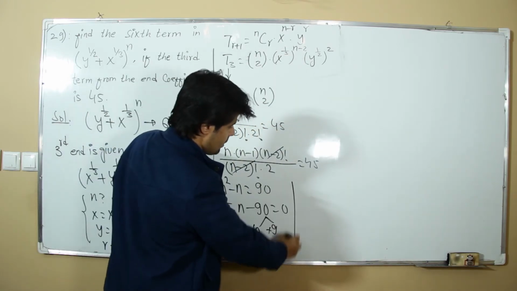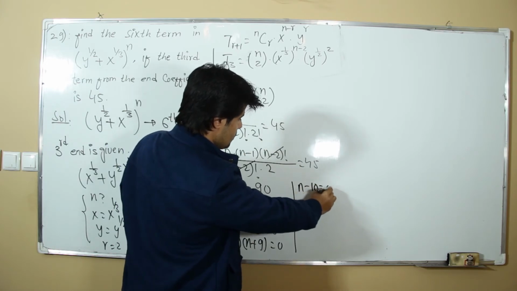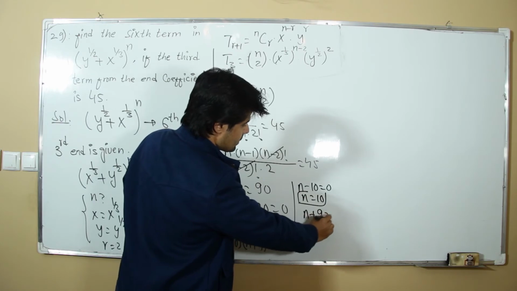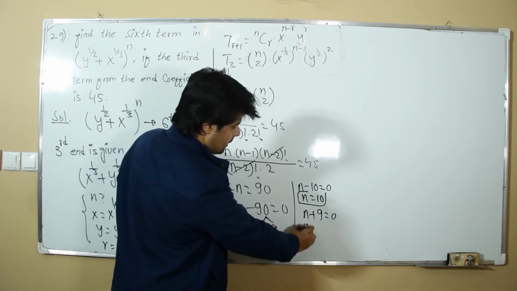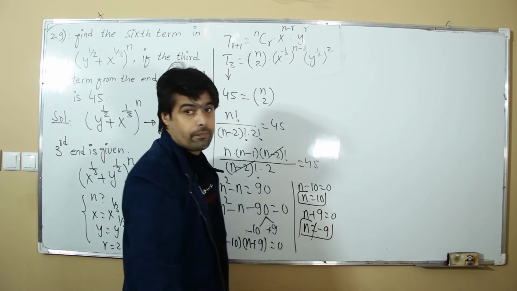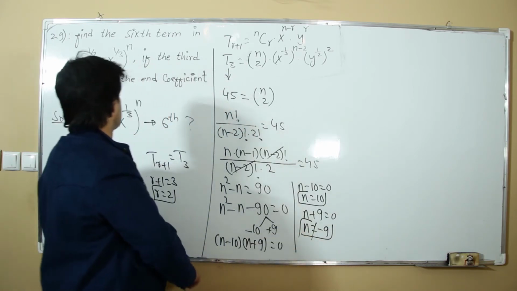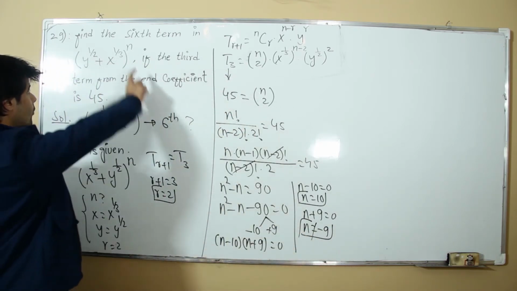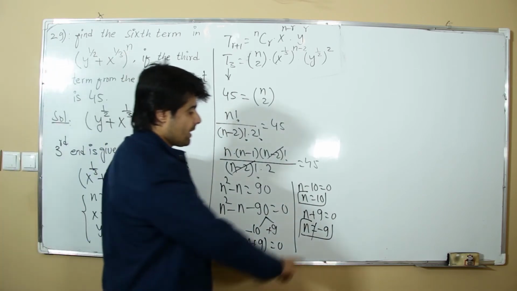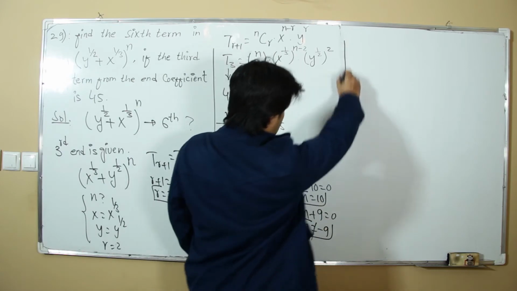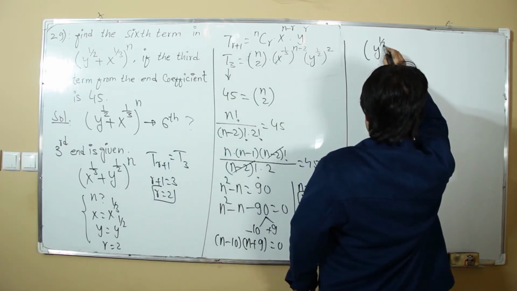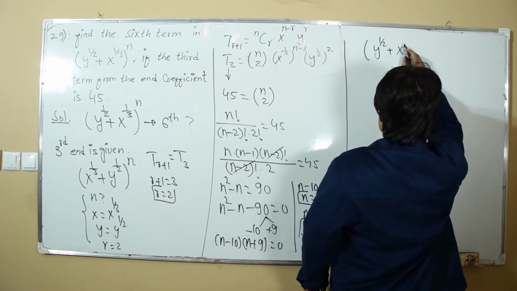I mean n minus 10 should be 0, so n is 10, or n plus 9 is 0, so n is minus 9. This is not correct. Why? Because n should be a positive integer. So n is 10.